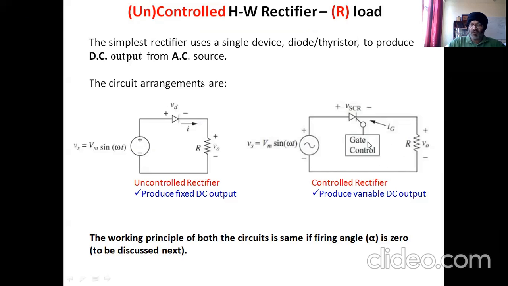We have to apply the gate pulse to bring this SCR into conduction. As soon as the gate signal is applied at an angle alpha, called the firing angle, the thyristor starts to conduct, and we have an output at the load.